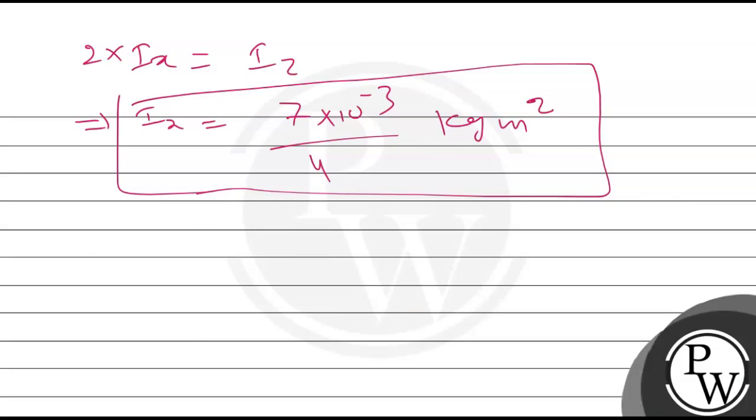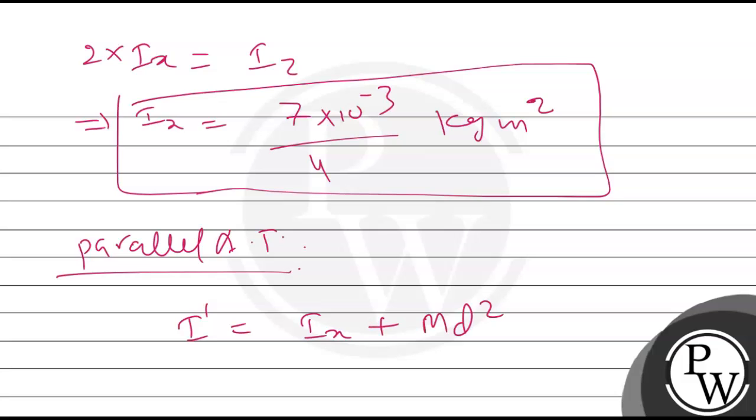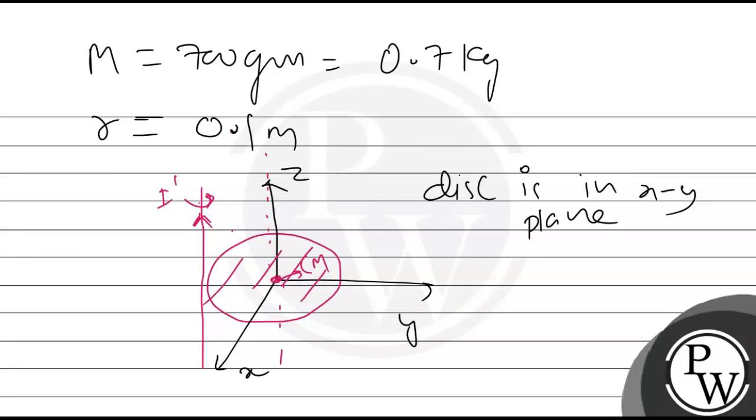Now let us use the parallel axis theorem. We can write I dash is equal to Ix plus m d square. d is the distance between these two axes, and this distance is nothing but r.